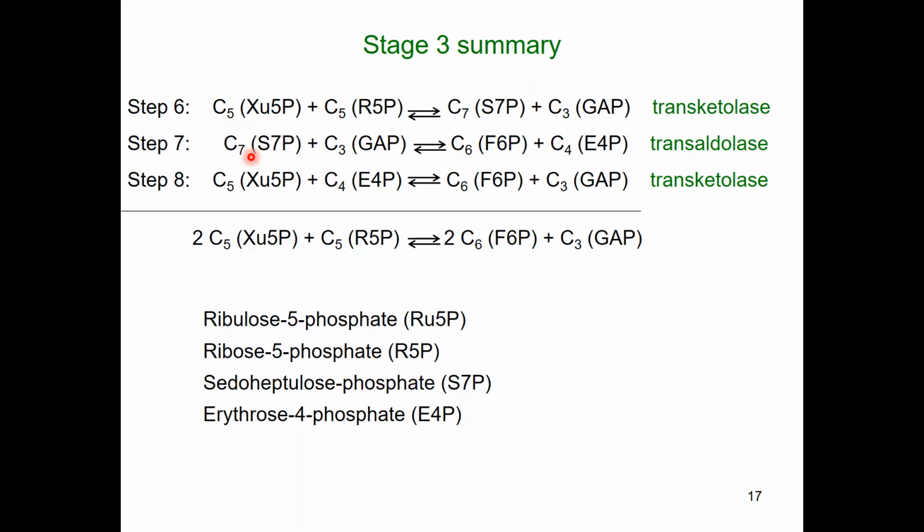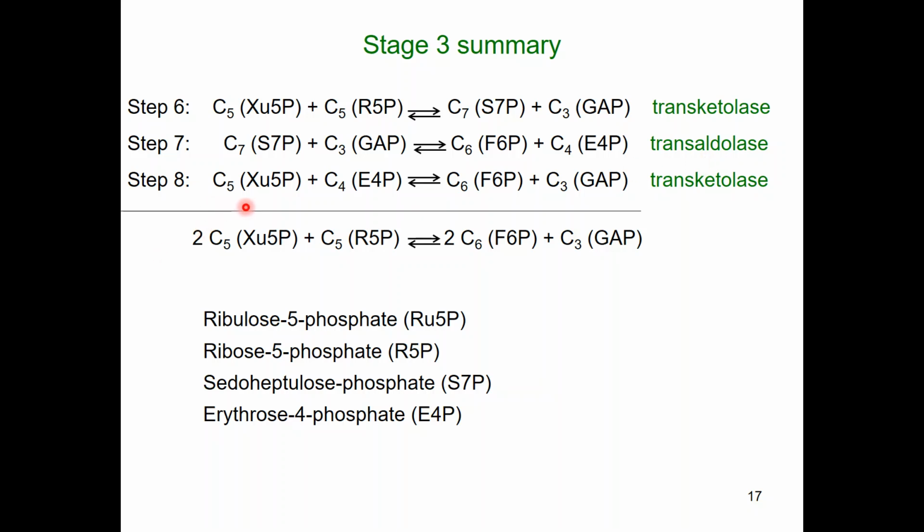So again, now we have transfer of 3 carbon units from the top of this ketose, placing them on top of this aldose to form fructose 6-phosphate, a ketose, and erythrose 4-phosphate, an aldose. The reaction is catalyzed by transaldolase.